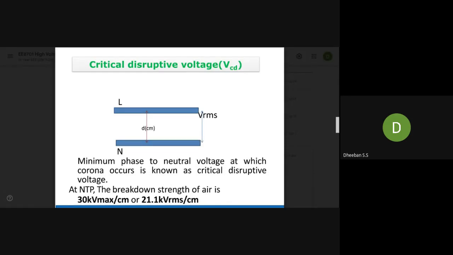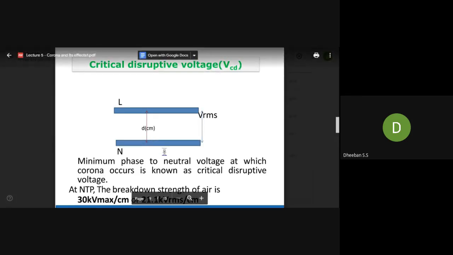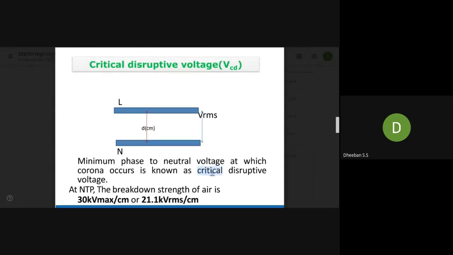So the minimum phase to neutral voltage at which the corona occurs, which is nothing but your phase voltage, is known as critical disruptive voltage.